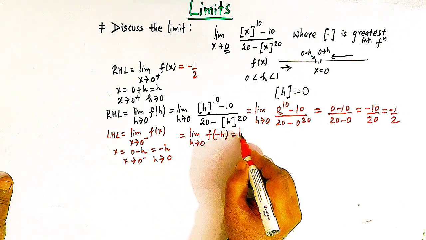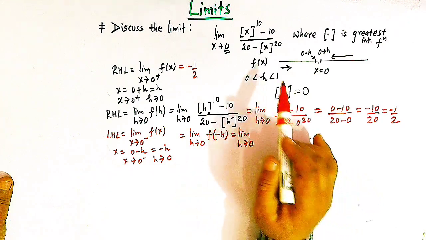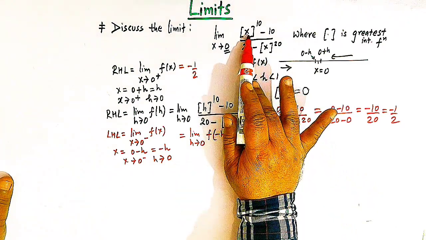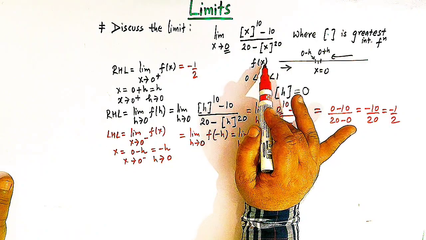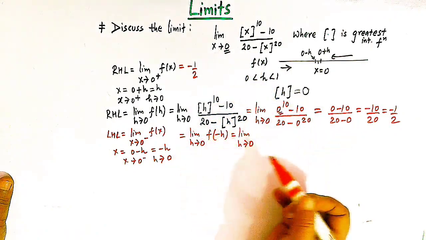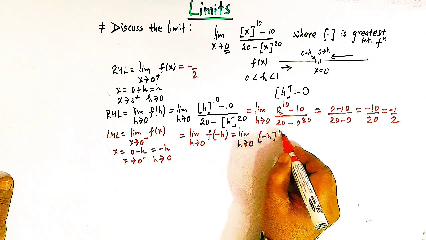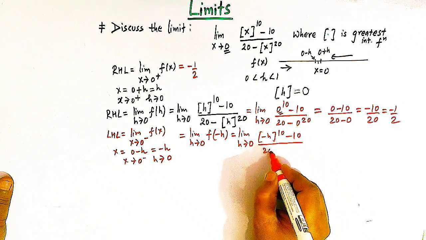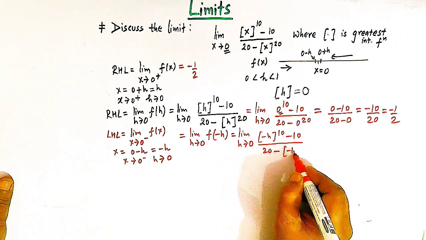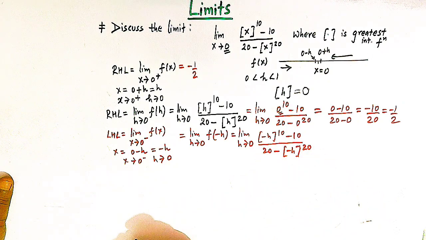So now we can write limit h tends to 0, f of minus h can be written with the help of this expression for f of x by replacing x by minus h. So we have simply greatest integer of minus h raised to 10 minus 10, and here we have 20 minus greatest integer of minus h raised to 20, right?